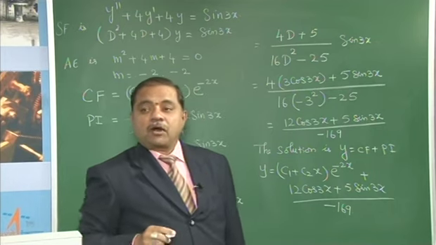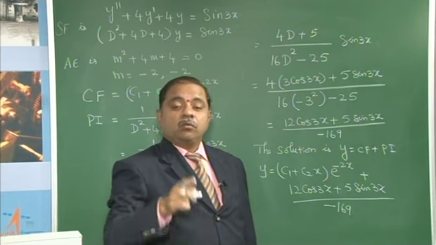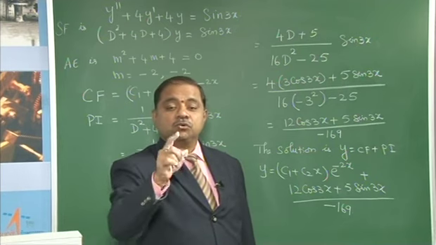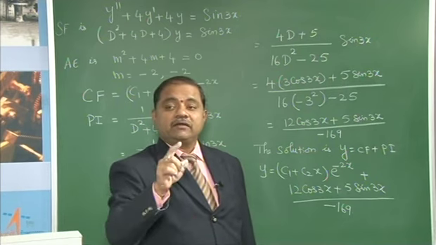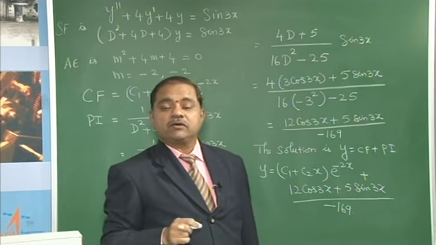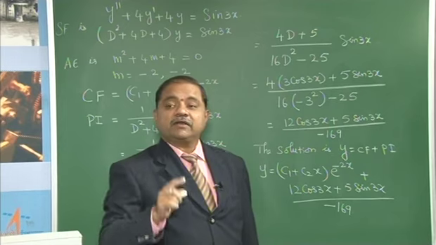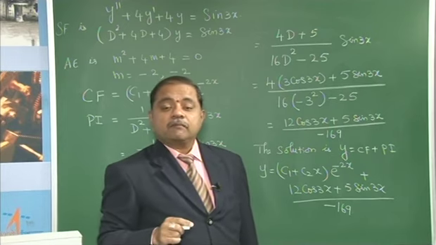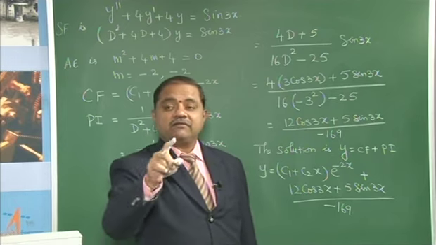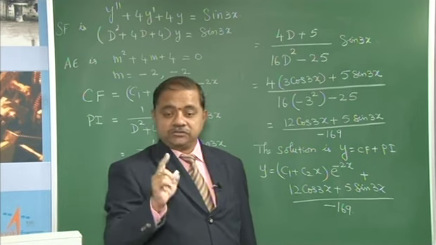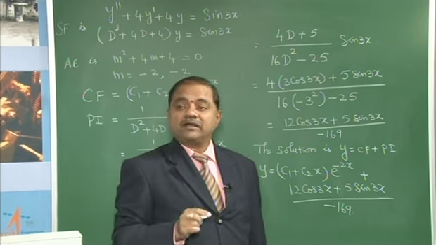Same way one more problem is given, y double dash plus 2y dash plus 2y is equal to sin x. You can try the third problem, the solution is also given; it will give you complex roots minus 1 plus or minus i, then for sin x you can find the solution. Third problem you can work as an assignment.